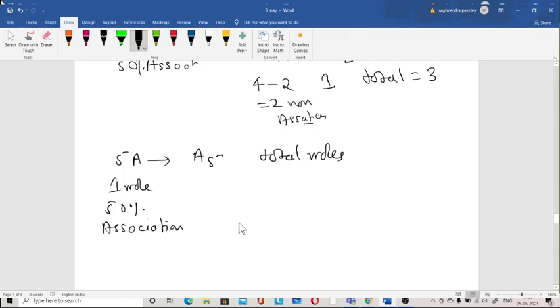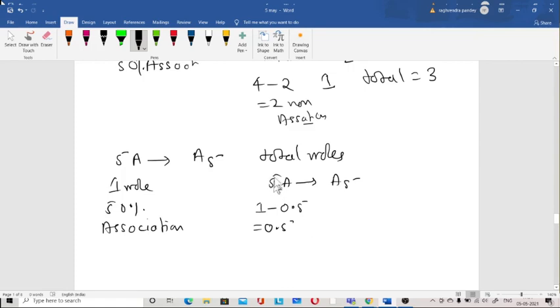So 0.5 moles? 0.5 total. Now you see here, not total, not total. For A5, so total will be 3. Okay, so now we can write this one. 5A is giving A5. Out of 1, only 50% are associating, the rest 50% are not.